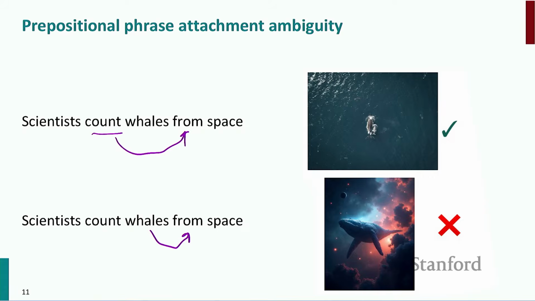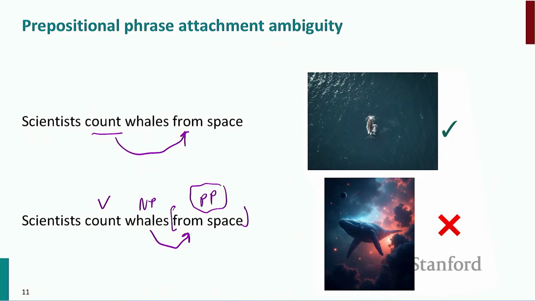Okay, so what we have here is a prepositional phrase which comes after a noun phrase. It's just a one-word noun phrase here, whales, that's fine. And then before that is a verb. And so one place in English where you get a lot of ambiguities is from these prepositional phrases.